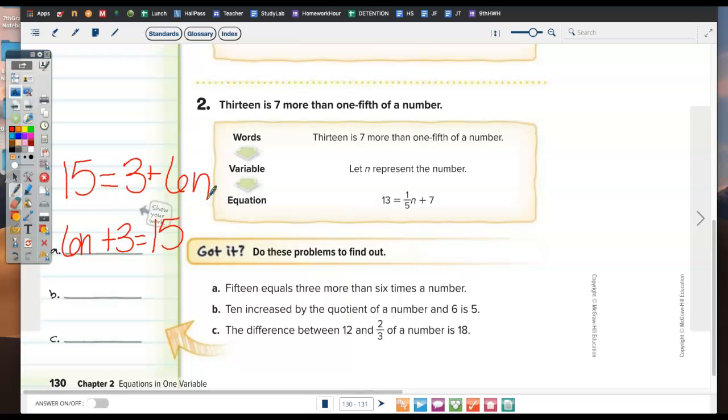Are these the same thing? Yes. Okay, because my 15's positive, my 15's positive, my 3 is positive, my 3 is positive, 6n, 6n. Questions? Thumbs up if you got that.